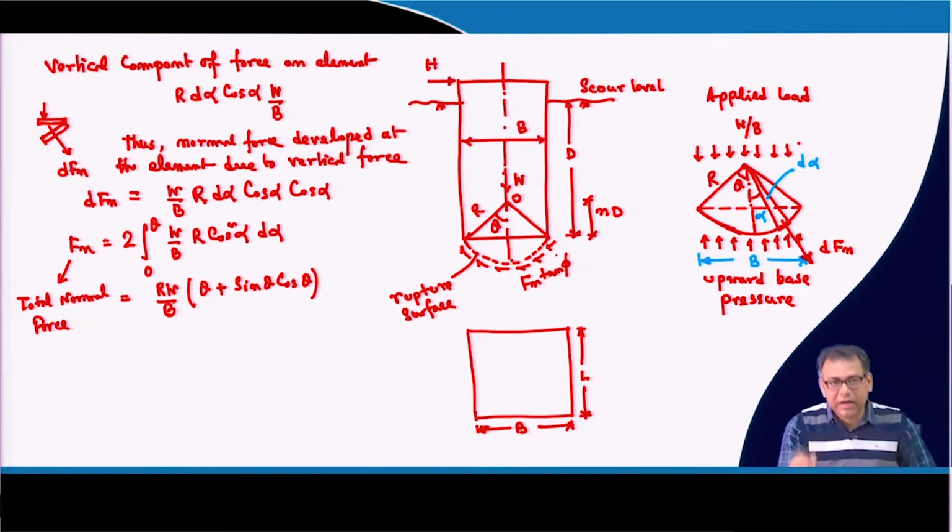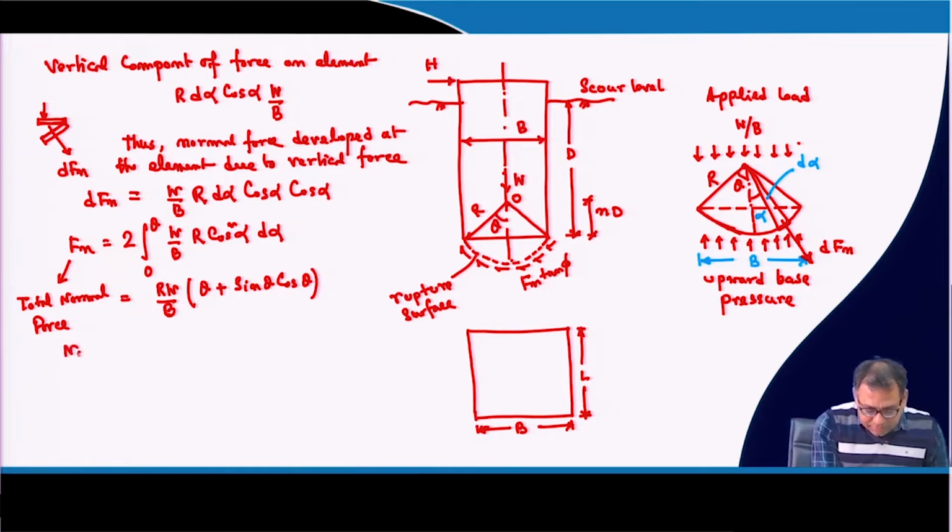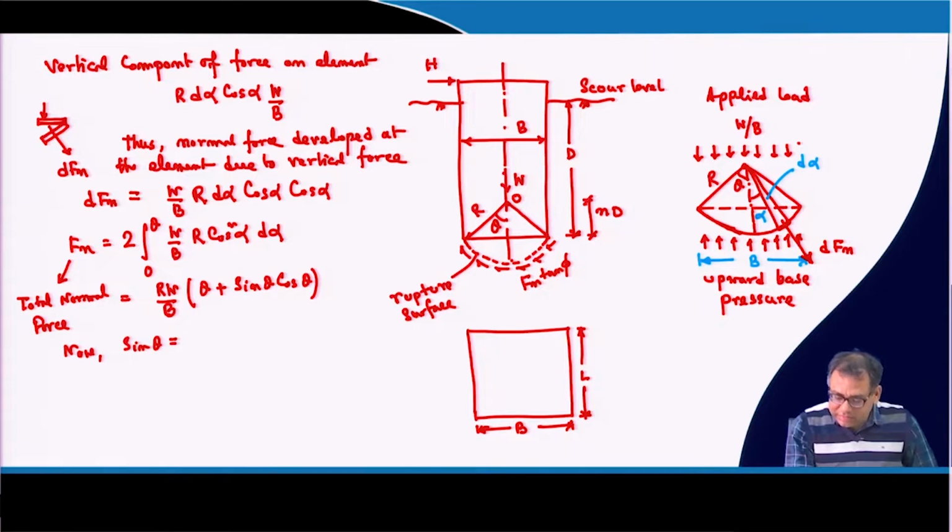So, this is the point about which the well is rotating. There will be a rupture surface within the soil below the well, and the total normal force along that rupture surface is W R by B (theta plus sin theta cos theta). Now if I look at this figure, because this is theta, this is N D, this is R and this one is B, this will definitely be B by 2.